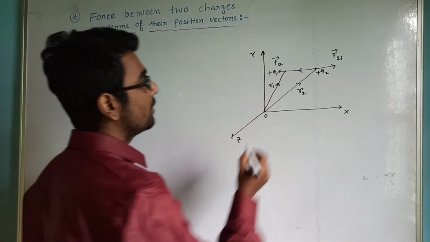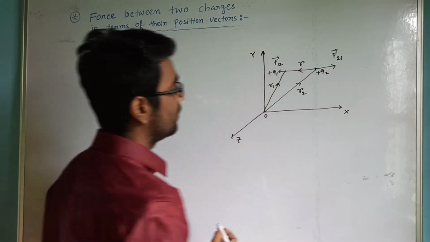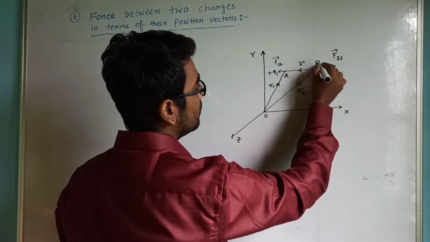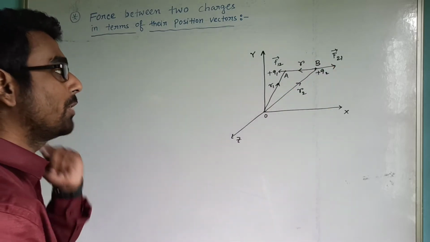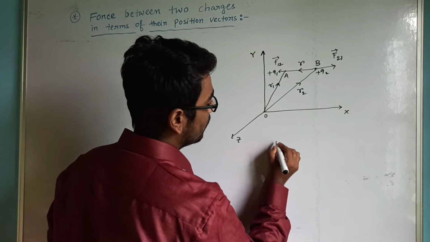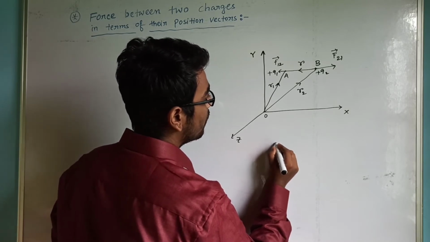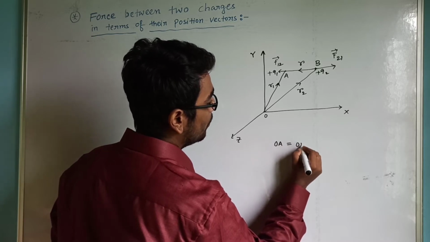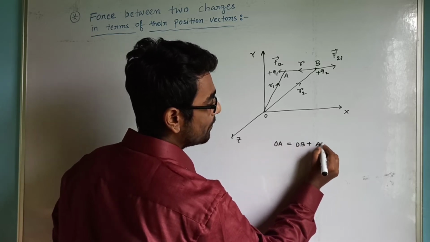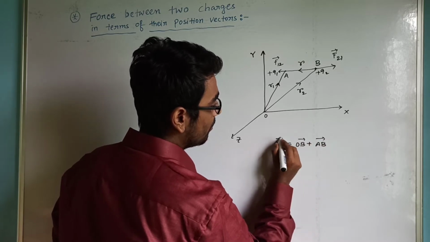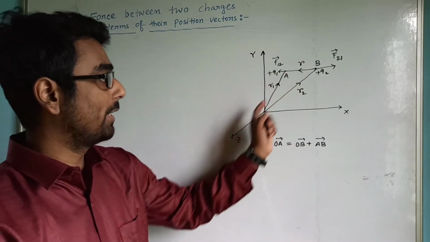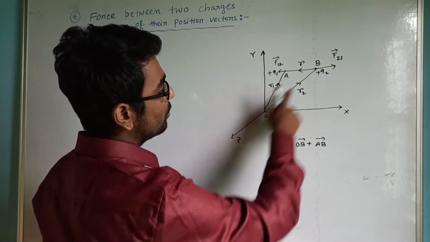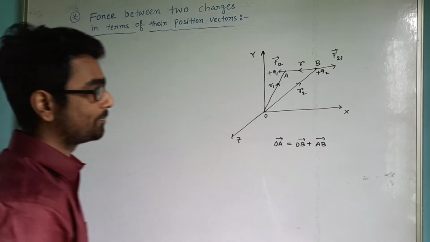Okay. Let this one be R. Let this point be A and this point be B. So what we can write is that OA equals OB plus AB vectorially. From the triangle law of vector addition, OA is equal to OB plus AB.